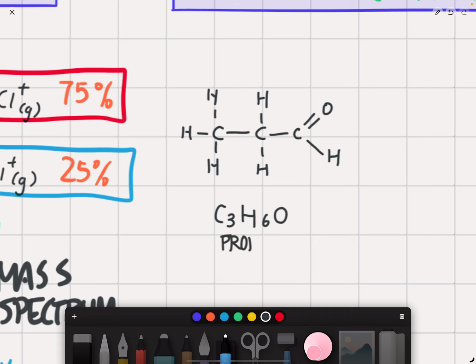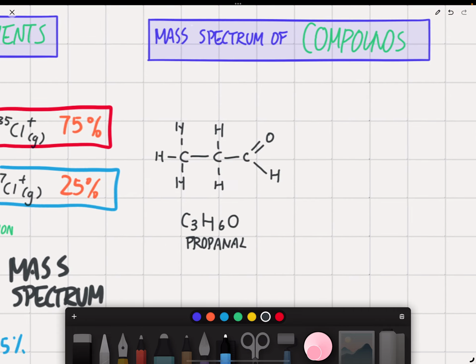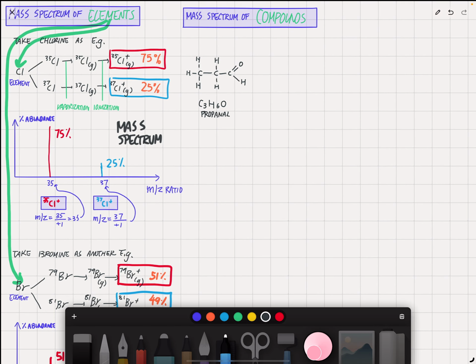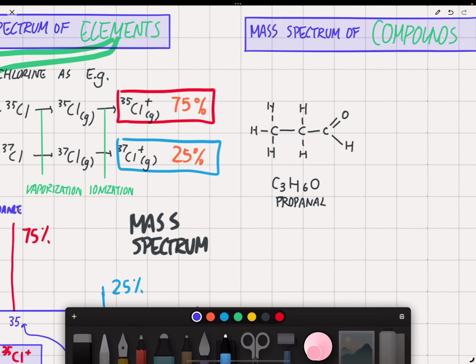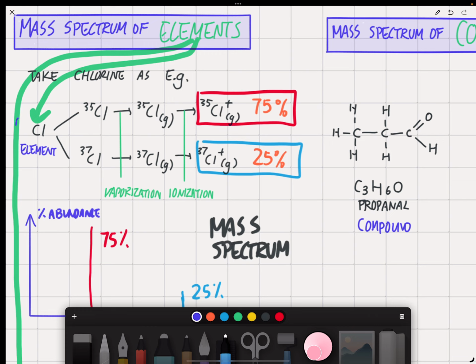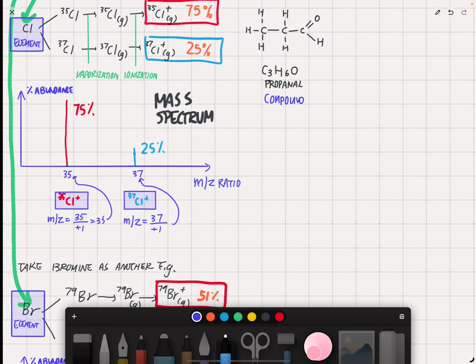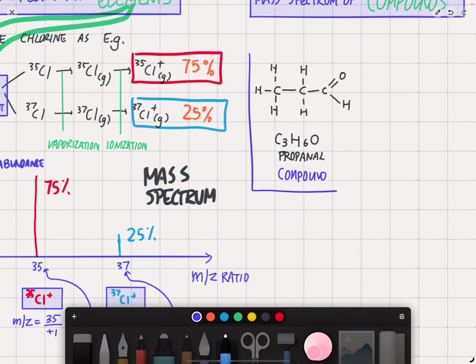Sorry, this is propanol with 3 carbons here. So when we put this sample into the mass spectrometer, note that this is a compound now. What we were studying earlier are elements. Bromine is an element. So here we are dealing with a compound.